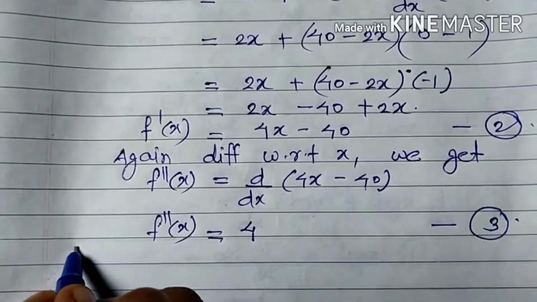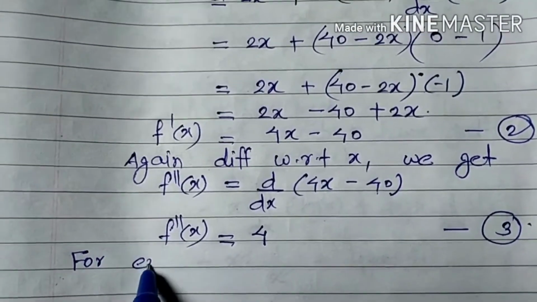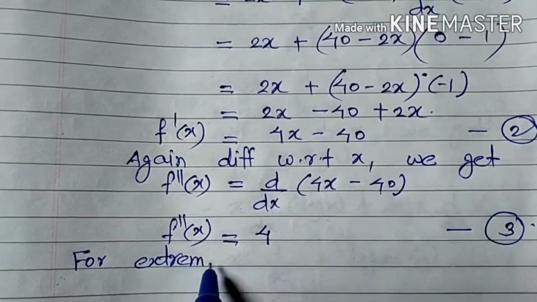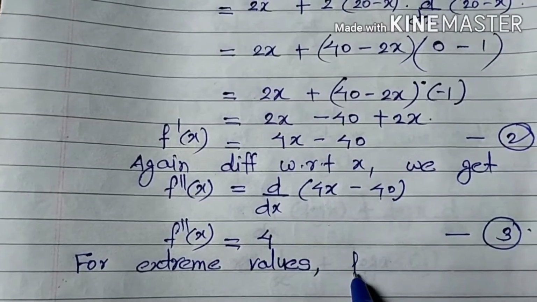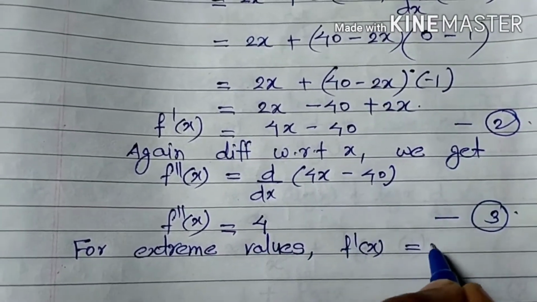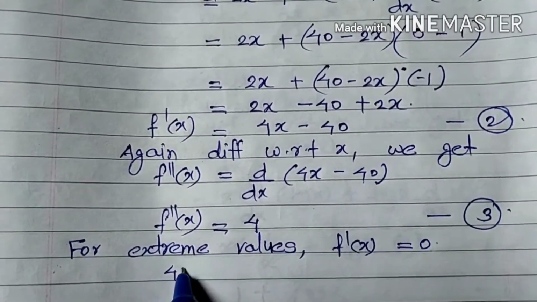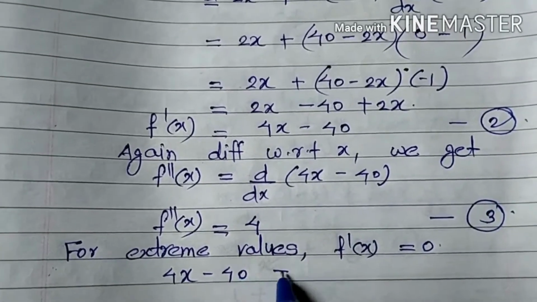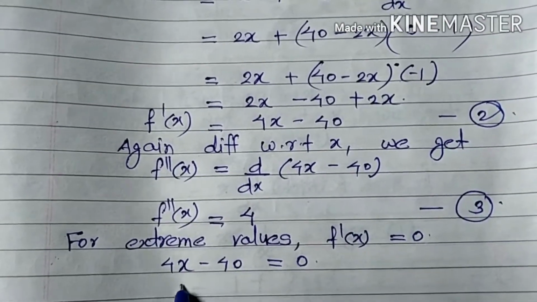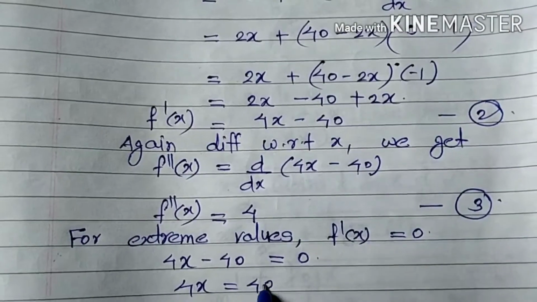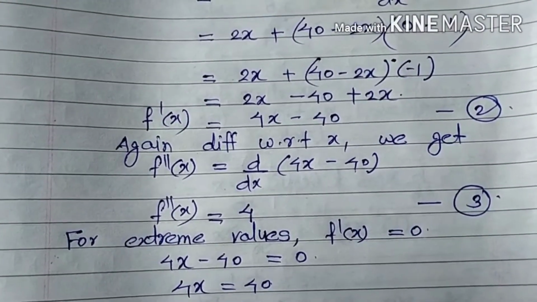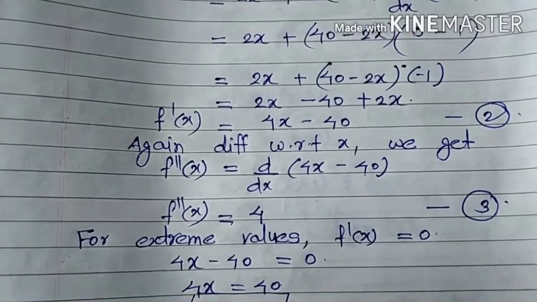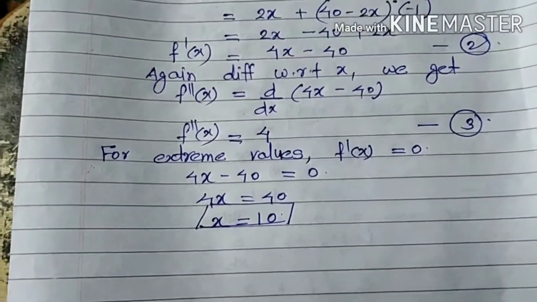For extreme values, f dash of x equal to 0. So f dash of x is 4x minus 40 equal to 0. So 4x equal to 40, x is equal to 10. So x equal to 10 is our stationary point.